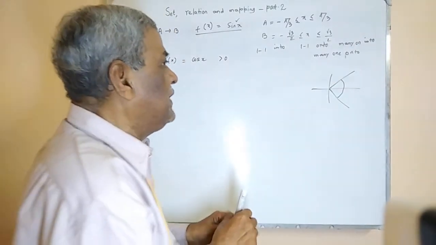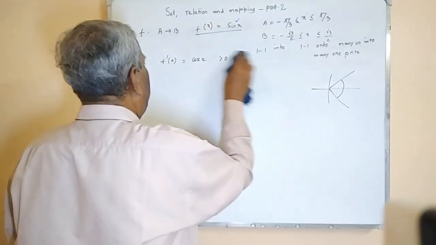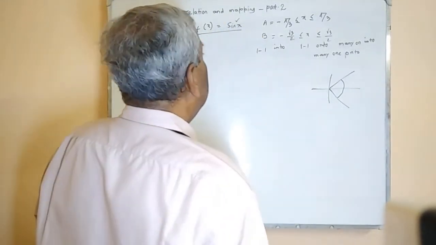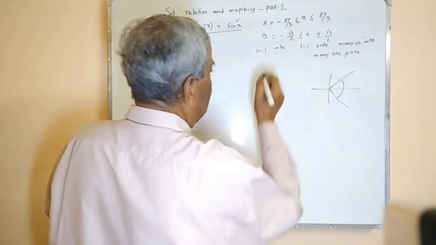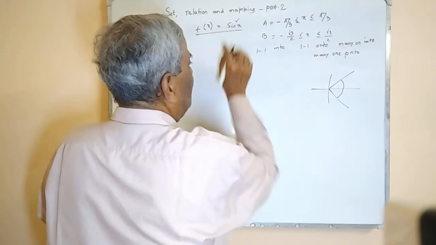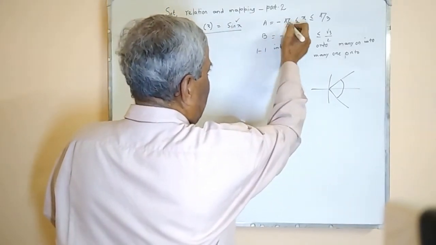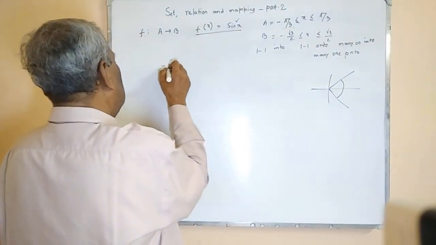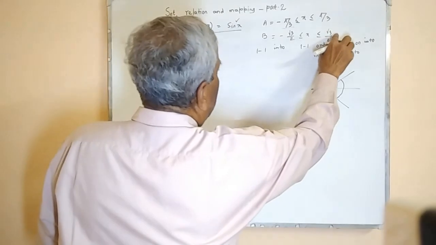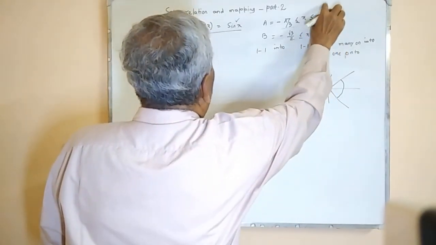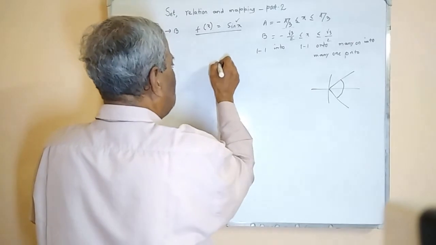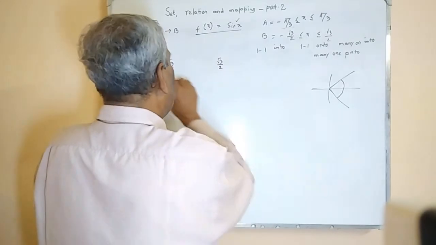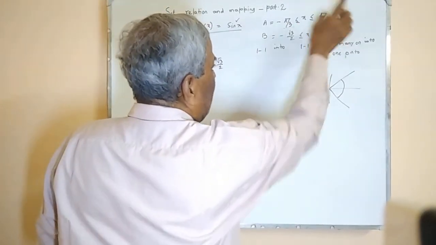Now we have to find whether it is into or onto. For that purpose, the value of f(x) at minus pi by 3, that is the initial point, is equal to minus root 3 by 2. And for the end point pi by 3, it is plus root 3 by 2. That is, the function assumes these values at the end points.